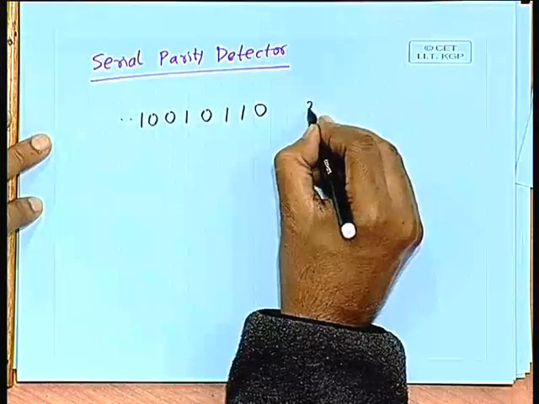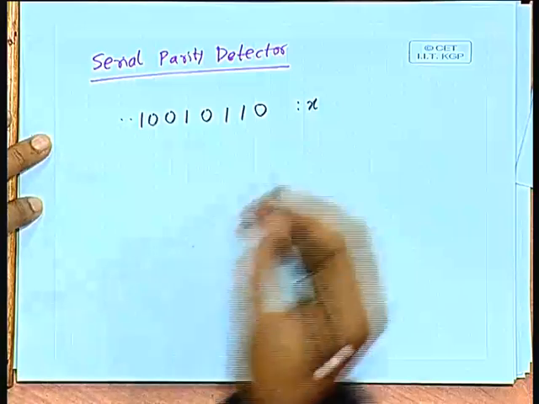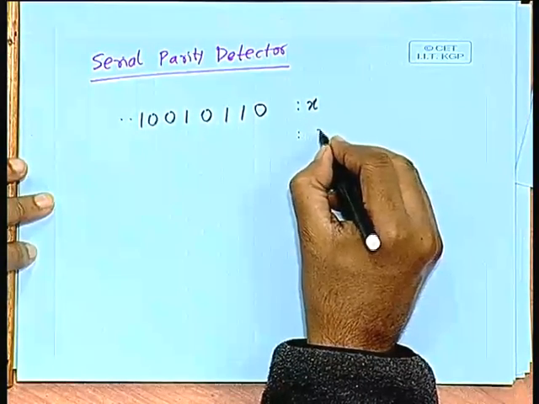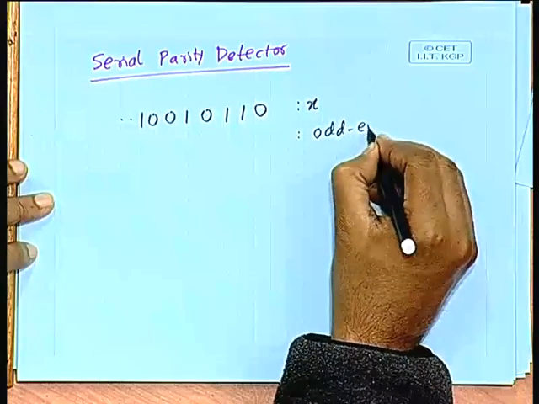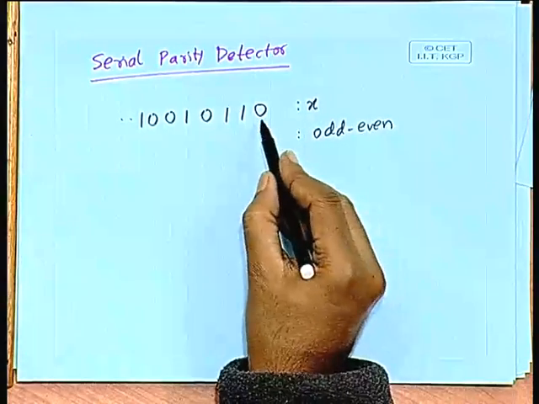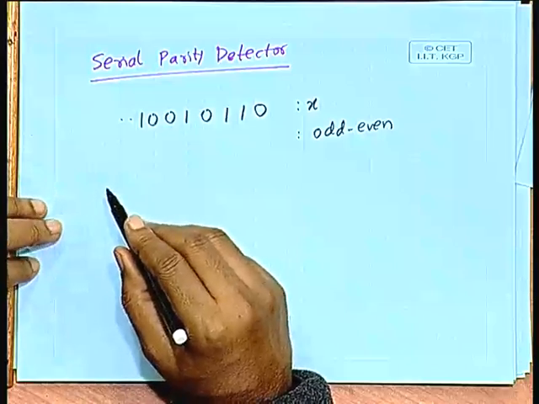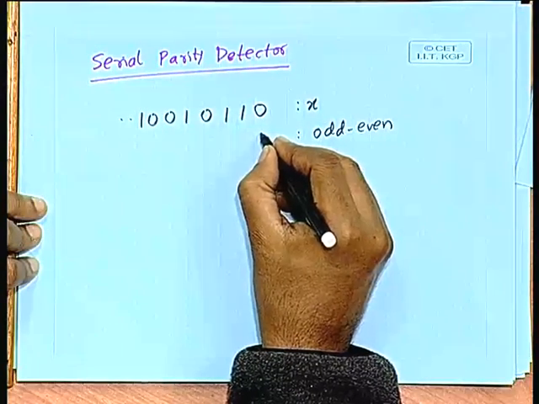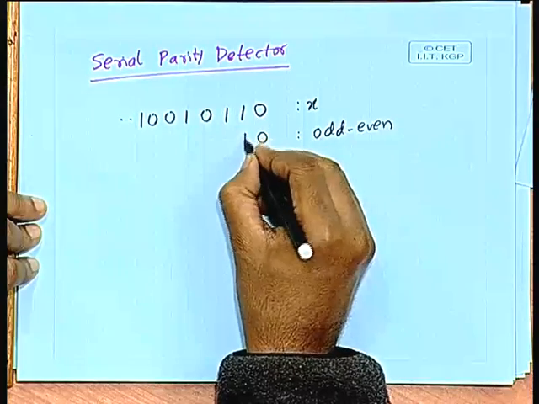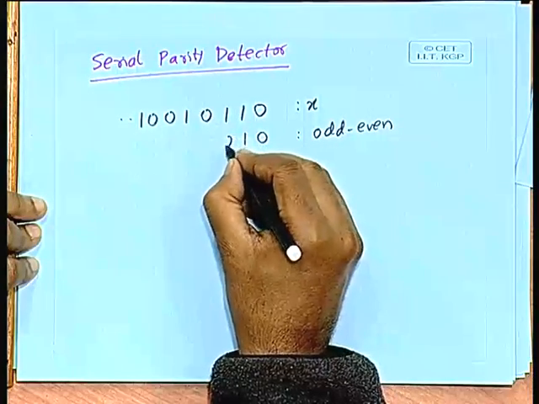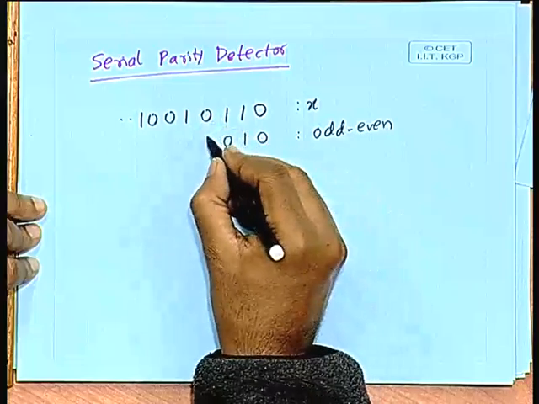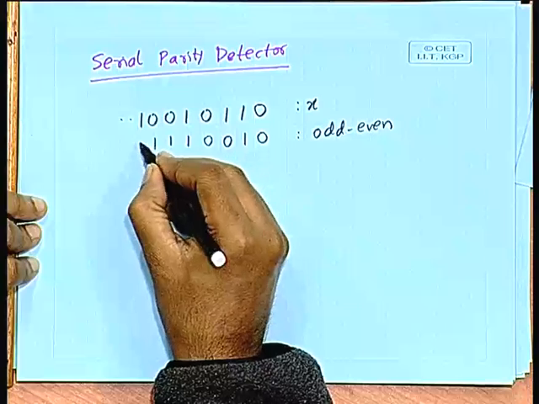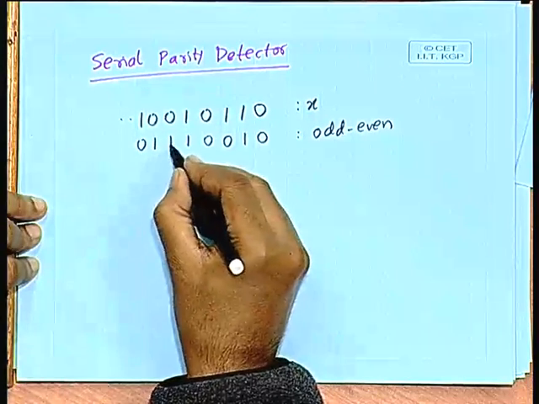This is what I am calling x, and below it I am writing the state, odd or even. Depending on whatever you have seen so far, this state will be set accordingly. So, I have seen 0, the state is even. 0 1, state is odd. 0 1 1, state is back to even, odd, odd, odd, even. So, these are the states.